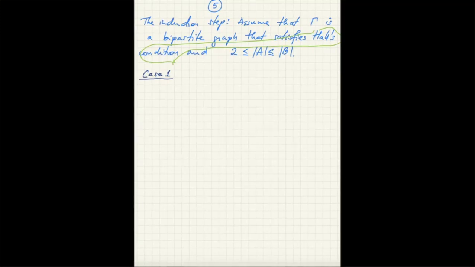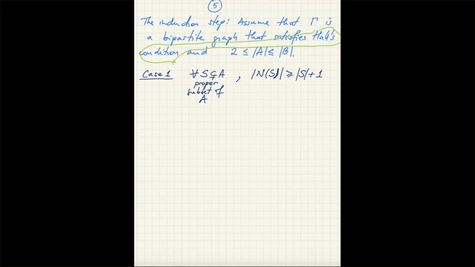Case one is when for any proper subset S of A, the neighborhood of S is not just greater or equal than the cardinality of S, but greater or equal than the cardinality of S plus 1. Maybe you were lucky and we have this stronger condition. So I'll just state case one now, and I'll deal with it in a second.